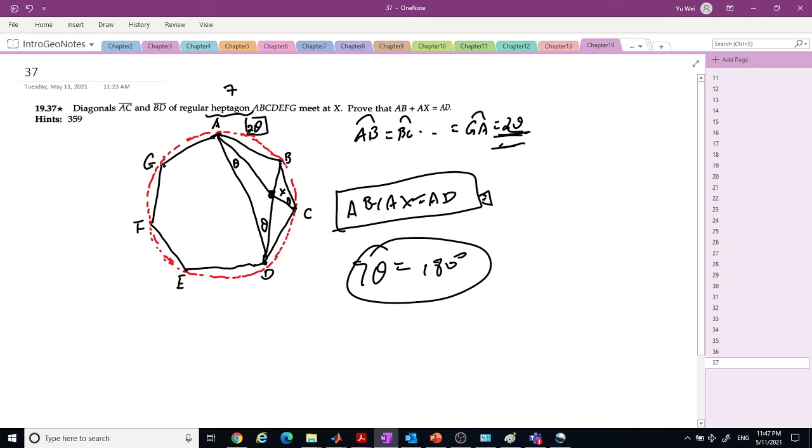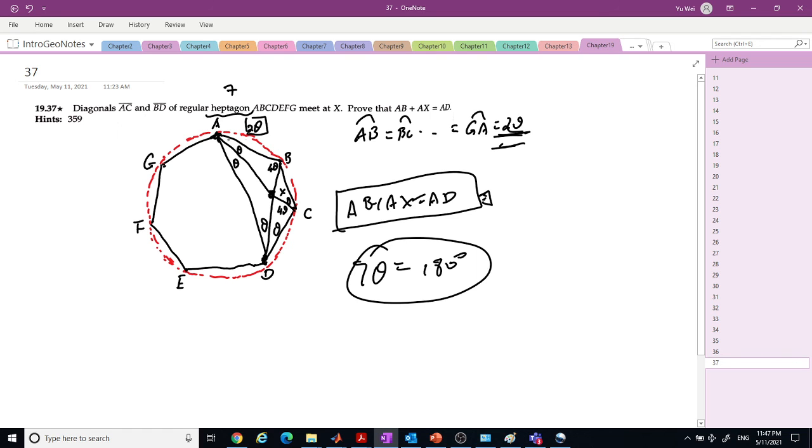The ABD, right, is 1, 2, 3, 4. That's 4 theta. Because the AD arc, right, you can count in how many theta. 1, 2, 3, 4. That's 4. And also this one is 4 theta. And this one is theta because it's a BC arc, and this is theta.